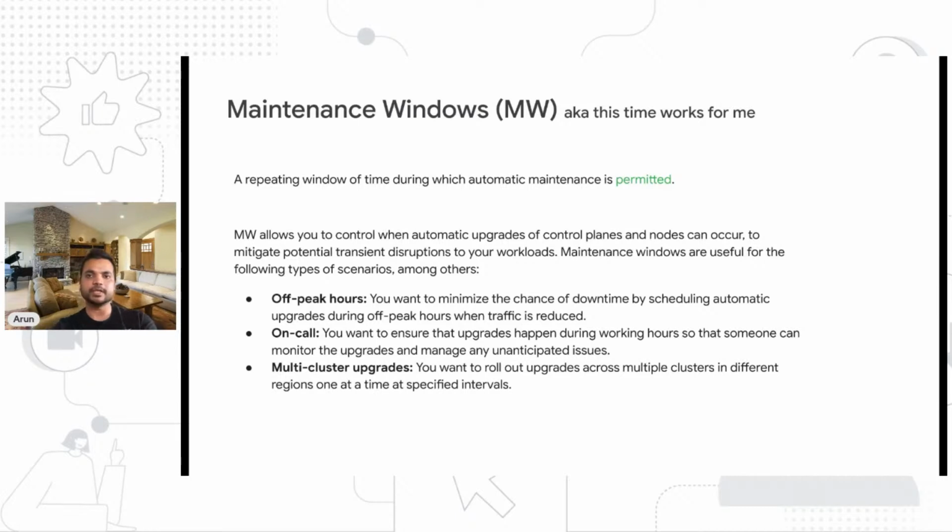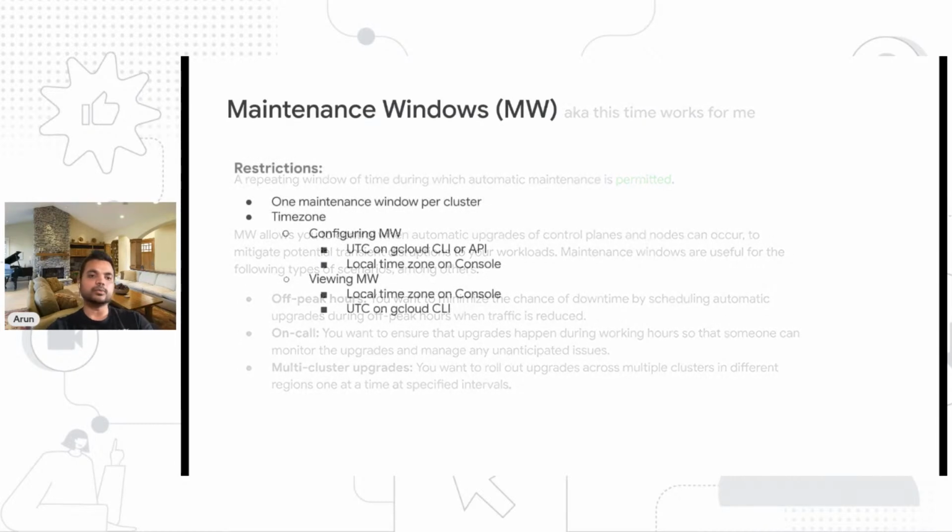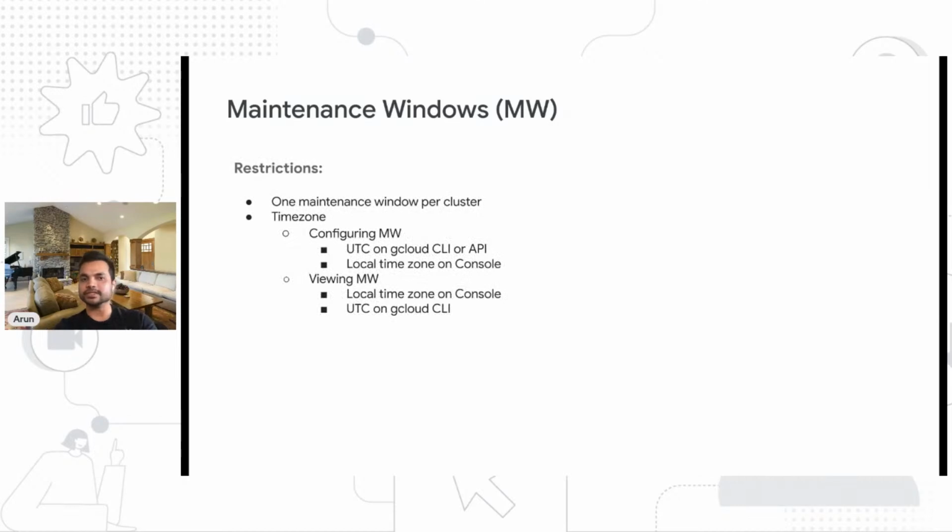When we have a demo, I'll show you. And then let's say if you have on call during the night or any time of the day, as and when your traffic is really low, then you can schedule the maintenance window. And since it's maintenance per cluster, it's only allowed one maintenance window per cluster.